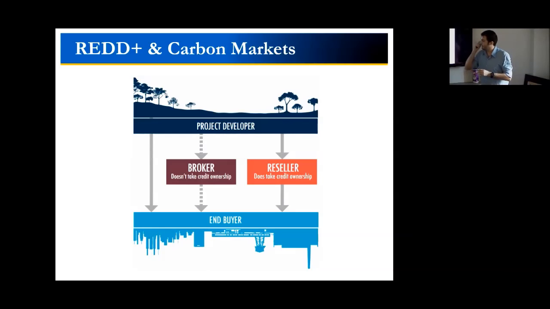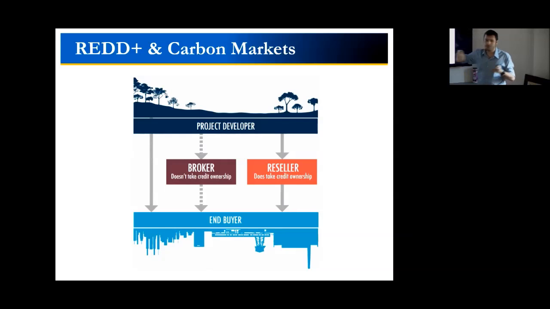Well, the first thing that you need to, if you really want to understand how this market works, you need to keep in mind that this is sort of a stock market. So it's really complicated. It can be really messy. It's hard to understand. A project developer who generates carbon offsets, he or she can sell that to brokers or to resellers.